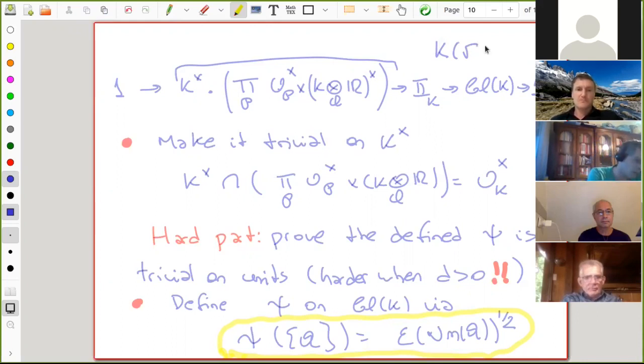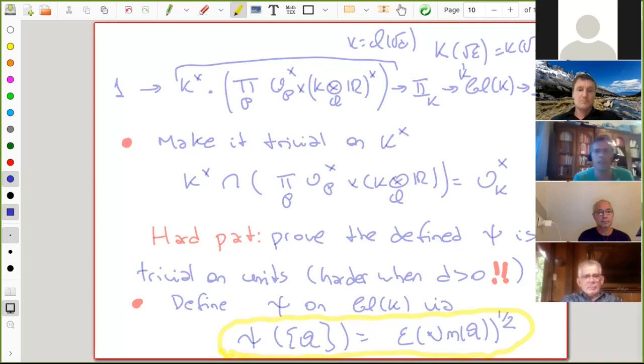Sometimes, if you're lucky enough, this is going to give you a quadratic extension which is unramified everywhere. You might want to describe it in terms of, remember that K was Q(sqrt(D)), say D is positive, as taking the square root of something which has nothing to do with your fundamental unit, something which is related to D. This is a really interesting problem, but I'm not going to talk too much about it. I can mention the details if someone is interested.